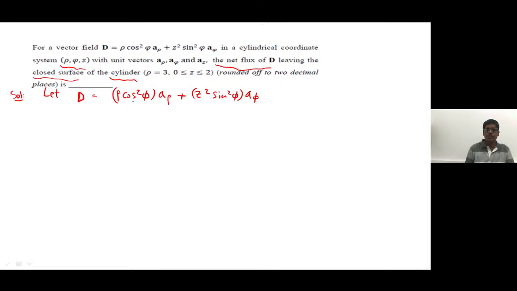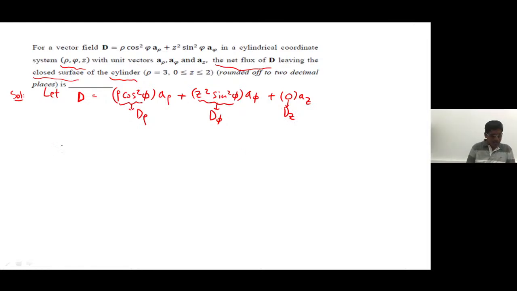Z coordinate is absent. So usually this is denoted as the vector component of D in the rho direction, D rho, and this is the vector component in the phi direction. You can write this as 0 into the third component az, but the az component is not given. This is Dz, the vector component in the z direction.